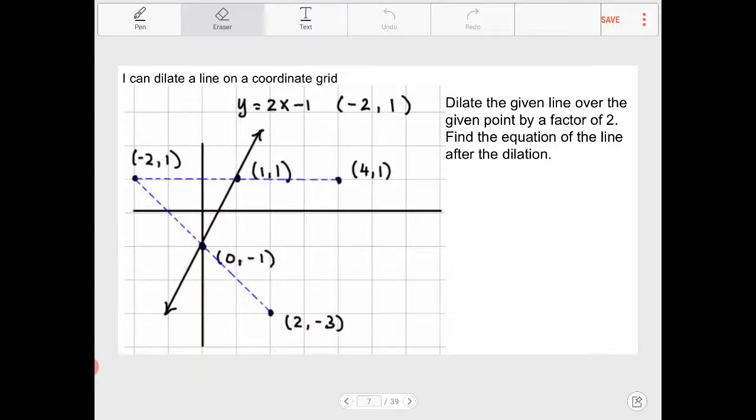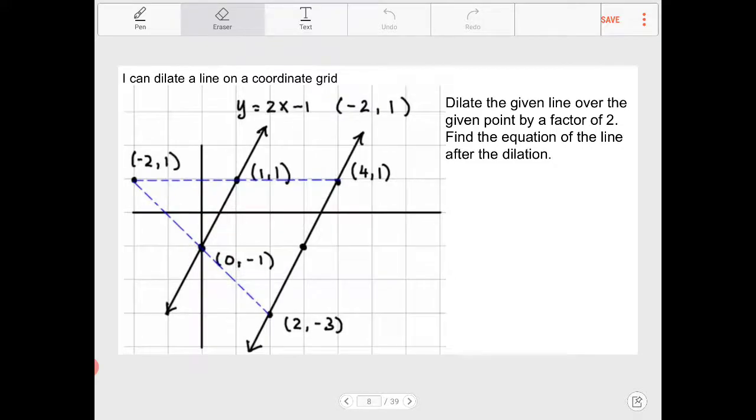Again, I'm going to dilate this point by a factor of 2. So I'm going to move down 2 and over 2. From here, I go down 2 and over 2 and end up over here. Hence, I end up with a line that looks like this. And this is, in a sense, a line that is a dilation by 2 of the original.